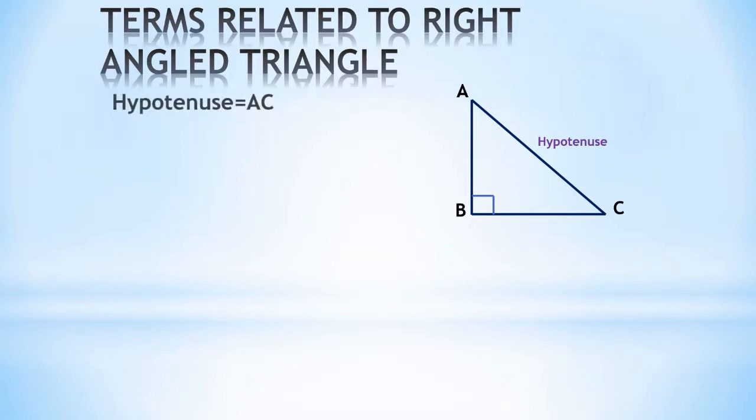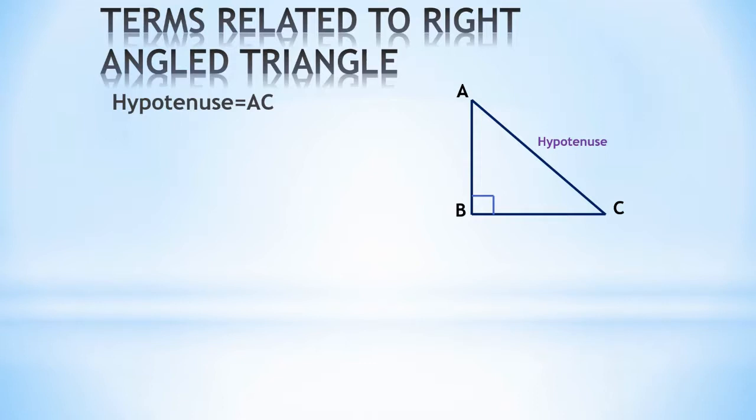So here the hypotenuse side is equal to AC. Now in a right angle triangle, if one angle is 90 degrees, then the remaining two angles will become acute angles. So angle A and angle C are acute angles.